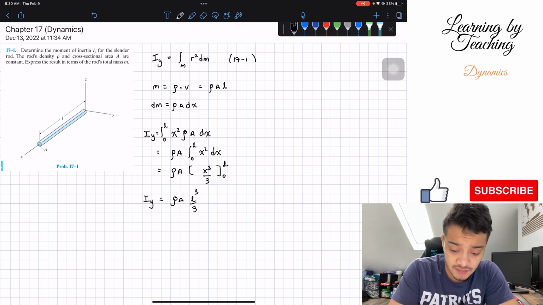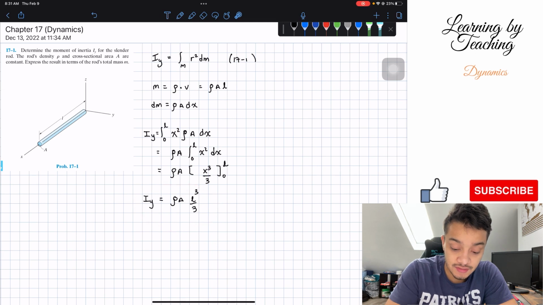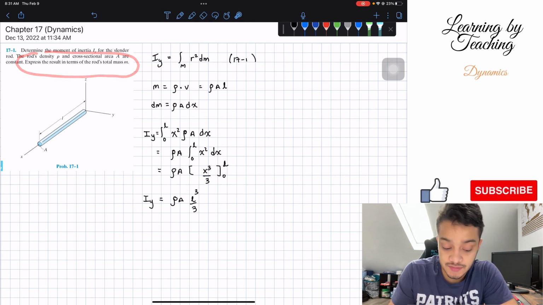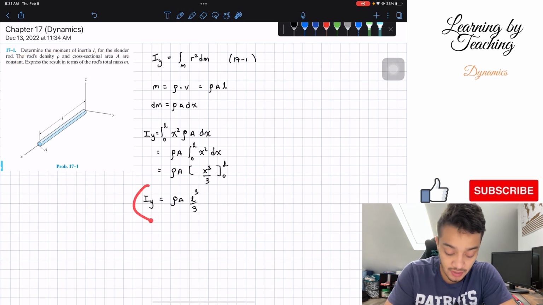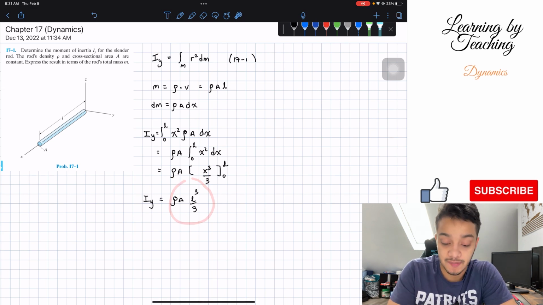Now I want us to pay attention. We're really close to the final answer. The problem says to express the result in terms of the rod's total mass, and right now we have our moment of inertia not expressed in terms of the mass.